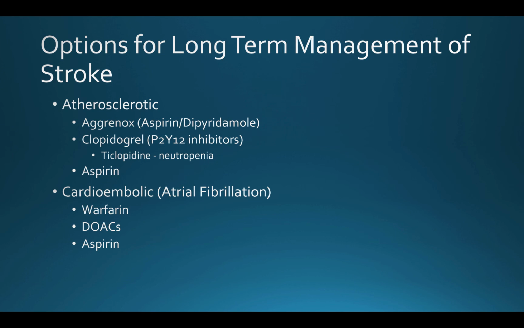If they've had a stroke from an atherosclerotic event, then the drug of choice is Aggrenox. And if Aggrenox is not effective or not tolerable or costs too much, I have seen clopidogrel used as a substitute there. So again, it's definitely important to remember what type of stroke it is, because that's going to guide what therapy you utilize.